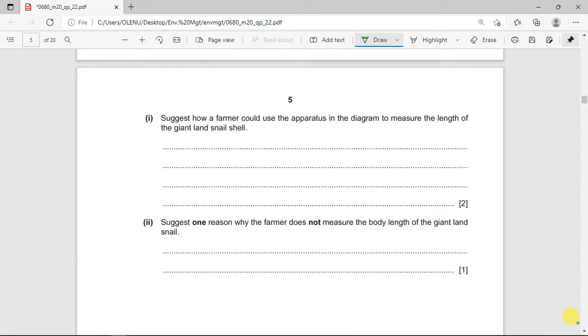So you just write: you spread the caliper between the two ends of the shell.